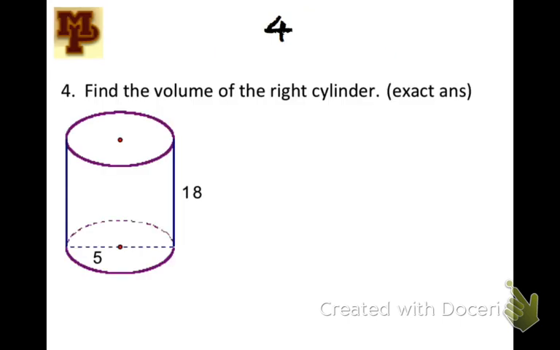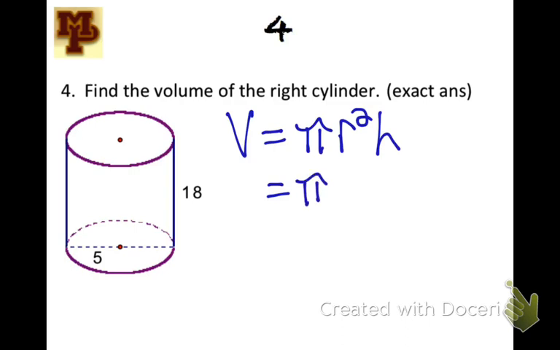Okay, volume of a cylinder. So volume is the area of the base times the height. The area of the base is a circle, so that's pi r squared times the height. And so this is pi. The radius is given, so it's right there, it's 5. So 5 squared times the 18.